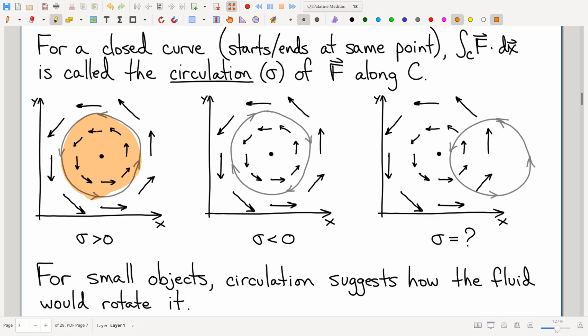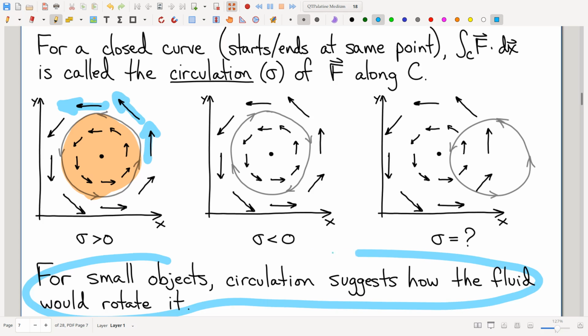And the idea is that if the fluid is doing like this, then that'll represent a rotation of the object. All right, so this is a really nice interpretation of the idea of circulation. Circulation is a measurement, in some sense, of how much you would expect little floating leaves to be rotating as a result of the fluid. Everybody buy it?